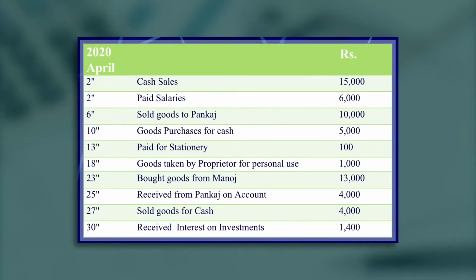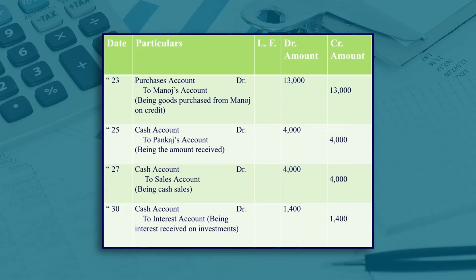Now again, if we go back, received rupees 4,000 from Mr. Pankaj on account. Well friends, here we have received rupees 4,000 from Mr. Pankaj. So here two accounts are going to be affected, cash account and account of Mr. Pankaj.